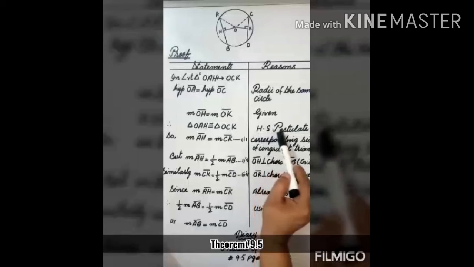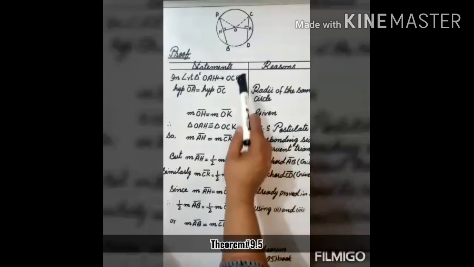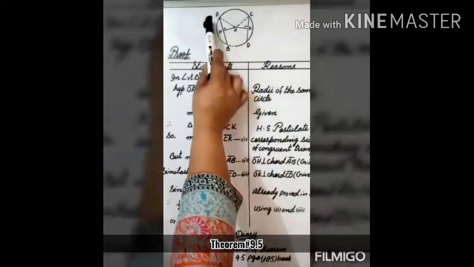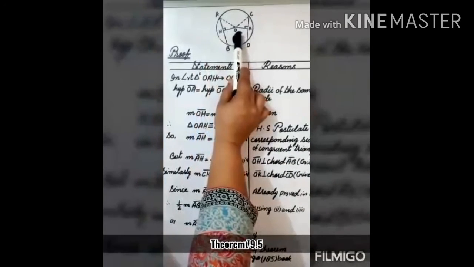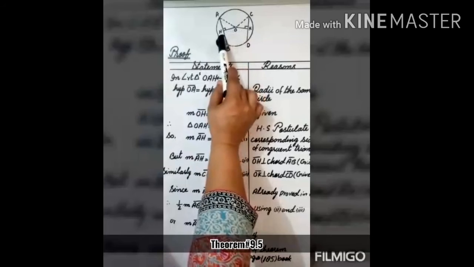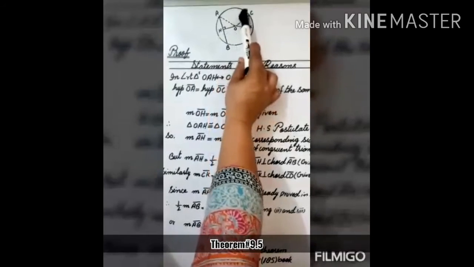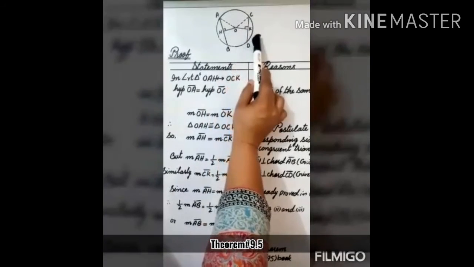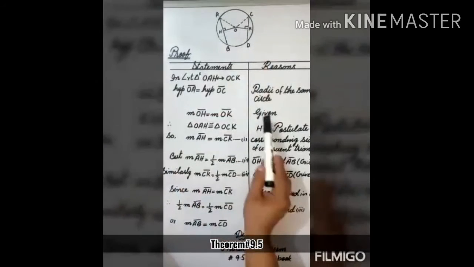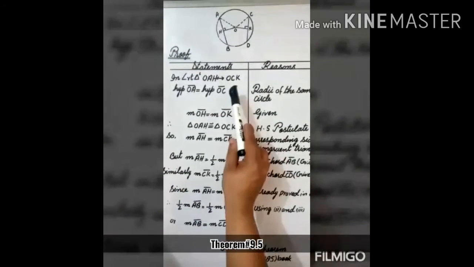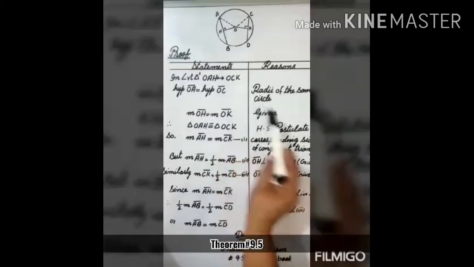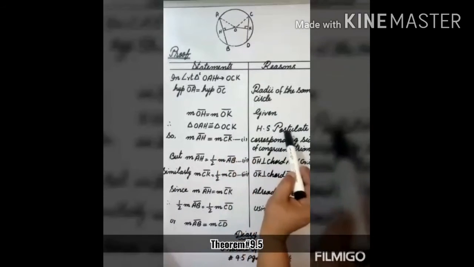How is this HS postulate applying here? Move on to the diagram. Hypotenuse OA and side OH are congruent to hypotenuse OC and side OK. Now these two right angle triangles are congruent by the HS postulate.